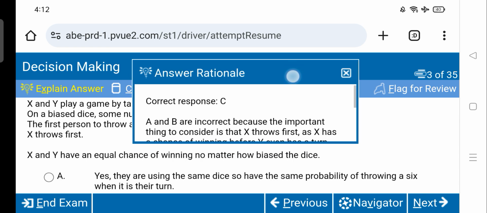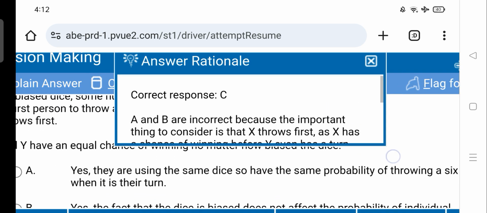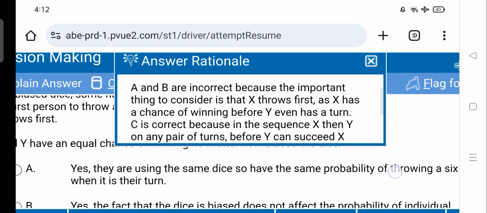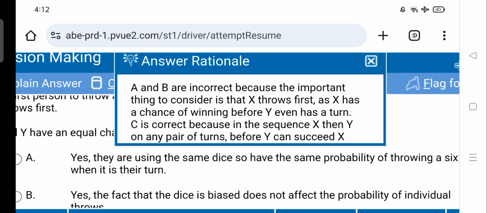So here we have the correct response is option C. A and B are incorrect because the important thing to consider is that X throws first, as X has a chance of winning before Y even has a turn.